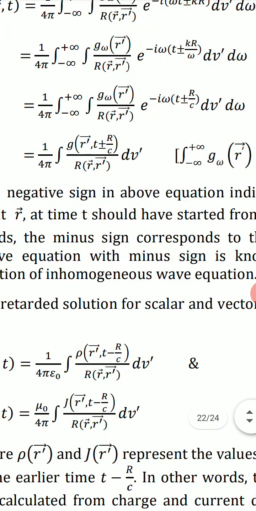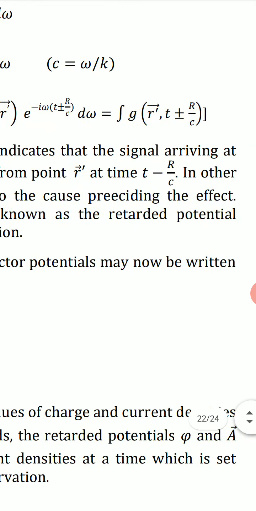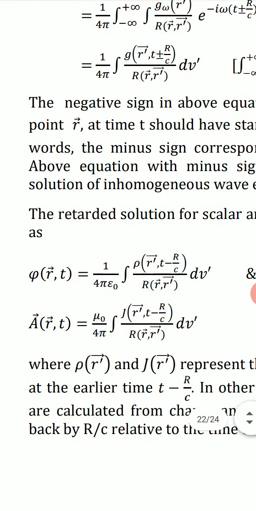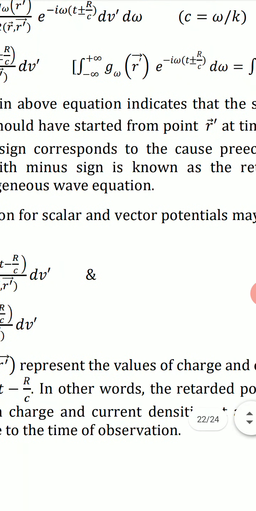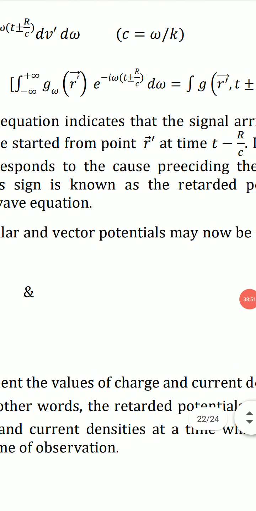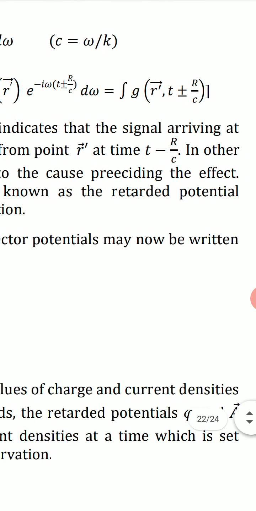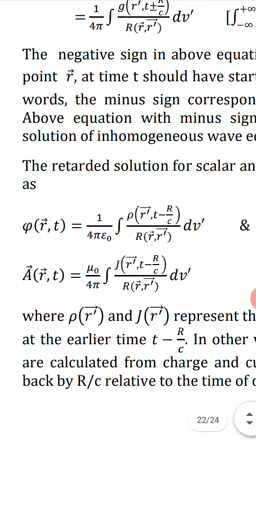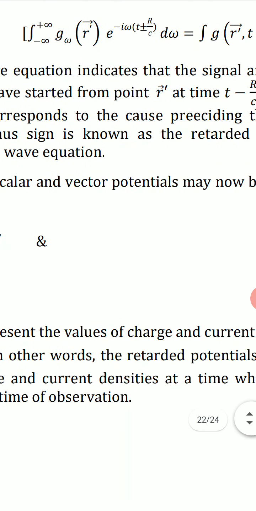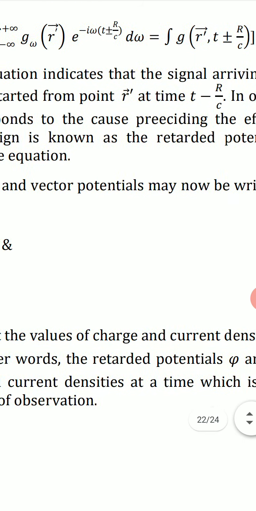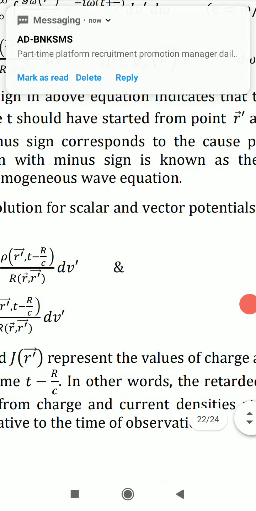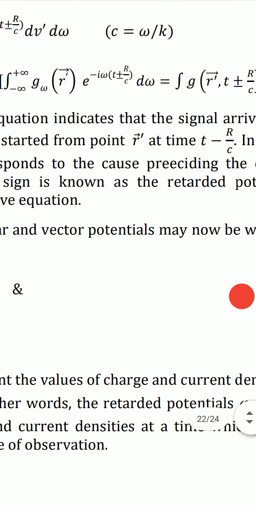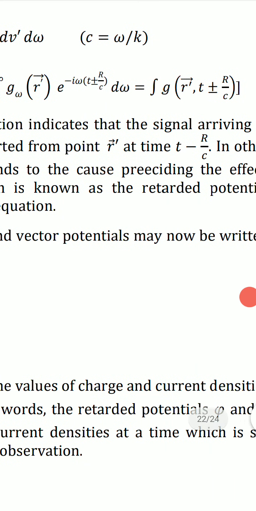The negative sign in above equation indicates that the signal arriving at point r vector, that is field point, at time t should have started from point r dash, which is source point, at time t minus r upon c. In other words, the minus sign corresponds to the cause preceding the effect. Cause is produced at source point, and effect is observed at field point.